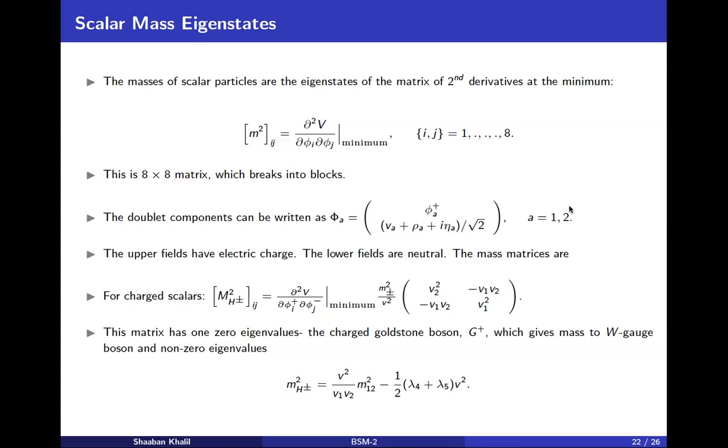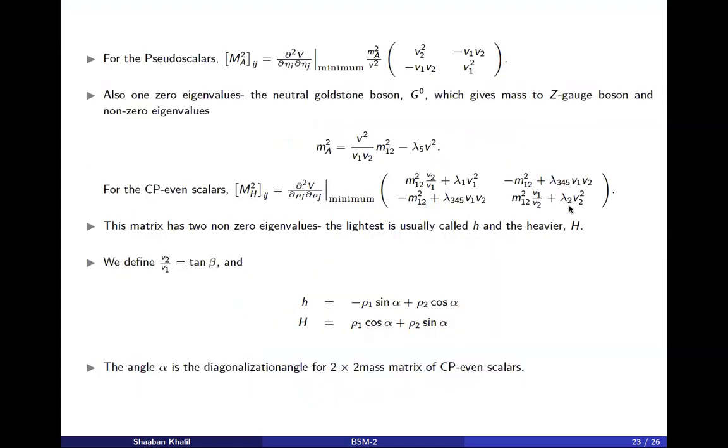Eta is a pseudoscalar, or the CP odd. So if you want to find the matrix of the pseudoscalar Higgs, you need to make the variation of the potential with respect to eta_a, like what we did here.